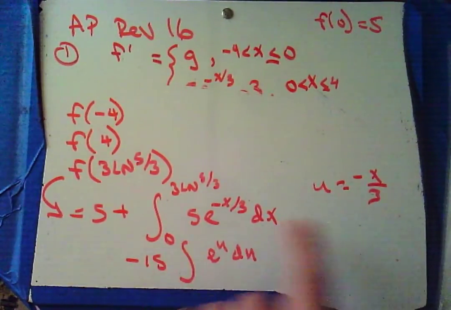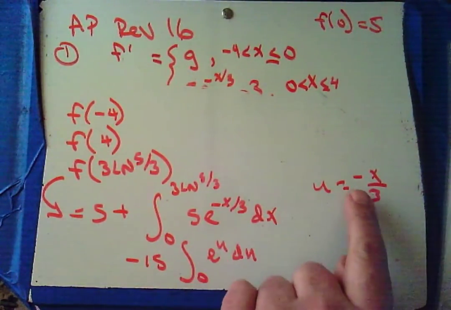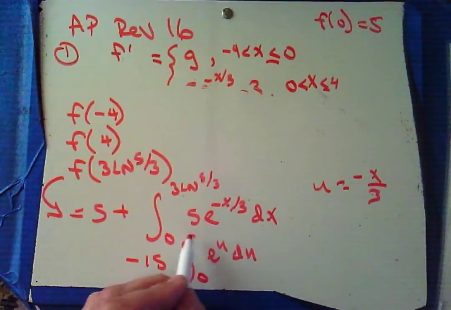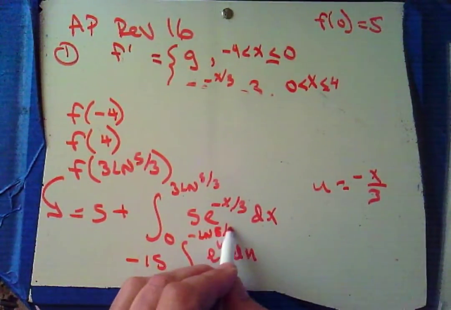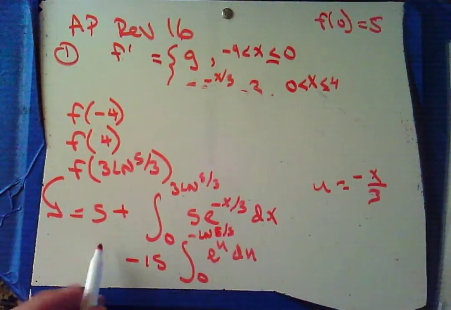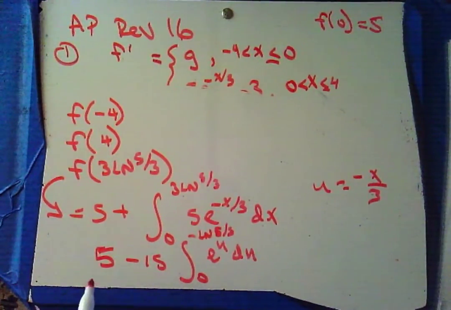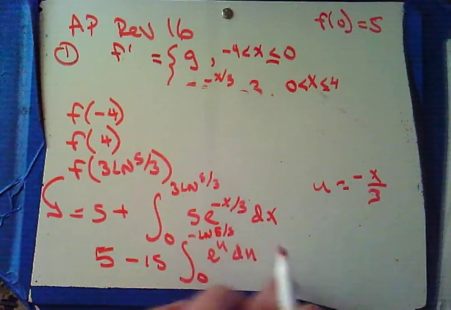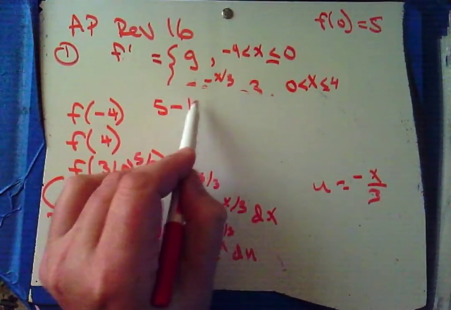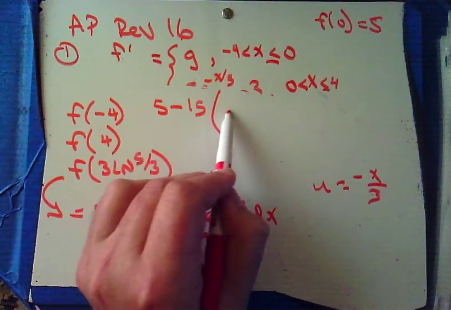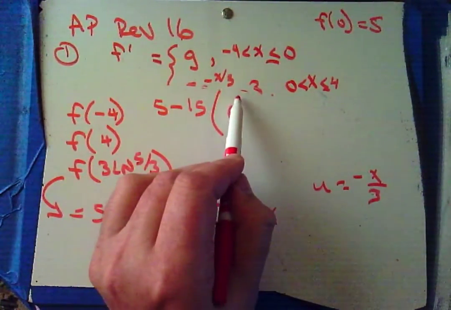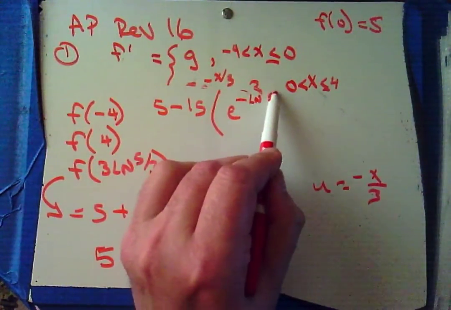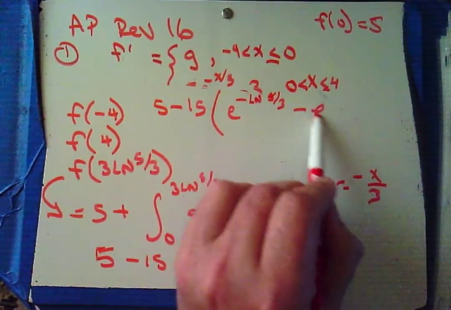So if I plug a 0 in here, I still have a 0, and if I plug in 3 ln of 5/3 in here, I have negative ln of 5/3. Okay, so then I've got 5 minus 15 e to the negative ln 5/3 minus e to the 0.